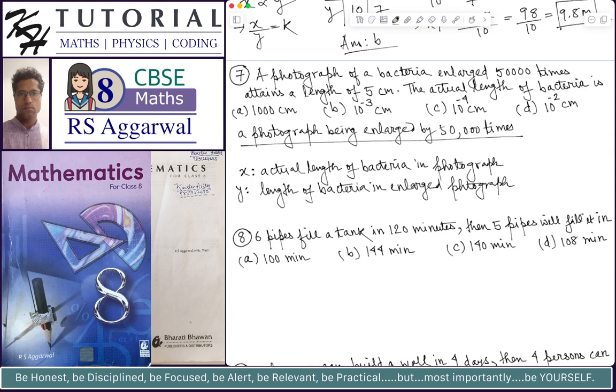So a photograph of a bacteria is taken, then it is being enlarged 50,000 times. So let's consider the quantities: x to be the actual length of bacteria in the photograph, and y to be the length of bacteria which has been enlarged 50,000 times. So definitely x will vary directly as y, because if the actual length of bacteria is more, then after enlarging it 50,000 times, the length of the enlarged bacteria will obviously be more.